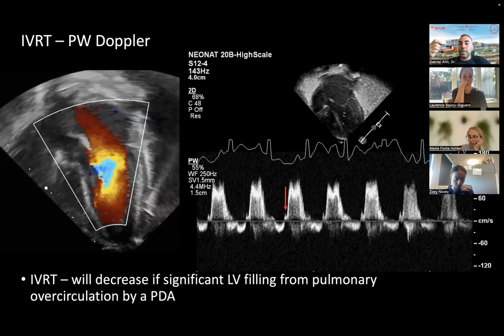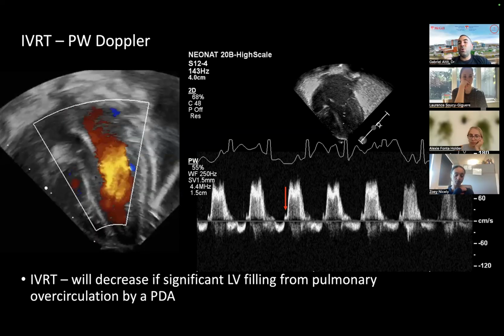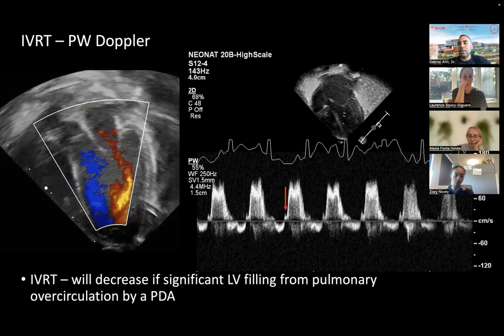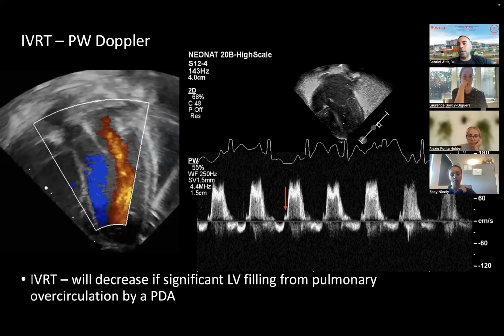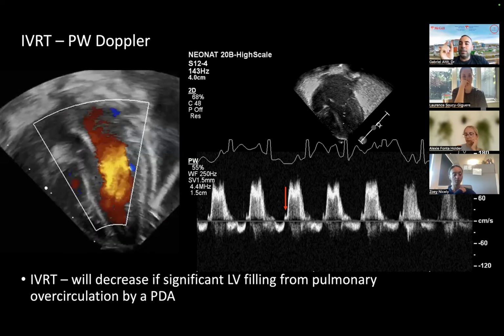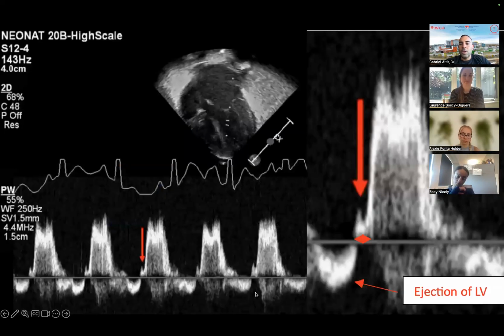If you have significant or moderate AI, it means in diastole you're stealing, and so you don't get much of this IVRT because you already get volume filling retrograde into your LV during that time. So your IVRT period may become shorter and shorter because of that. So that's the example of how you would measure it.